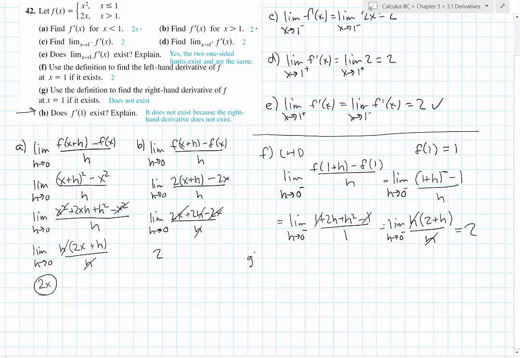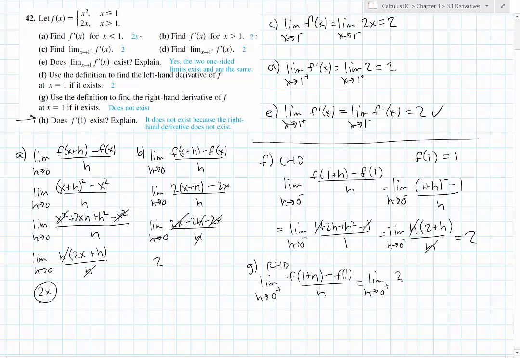Well, what about in part G? What happens if we do the right-hand derivative? The limit as h approaches 0 from the positive side of f of 1 plus h minus f of 1 all over h. Now, this is f of 1 plus h with h being just a little bit positive. That means we're using the 2x definition now.